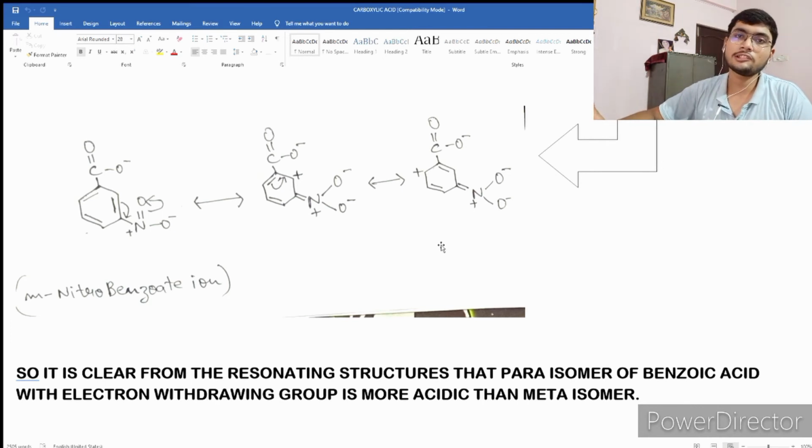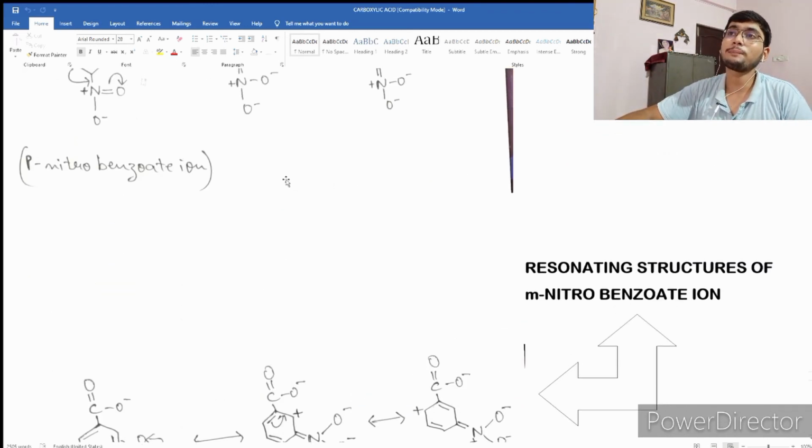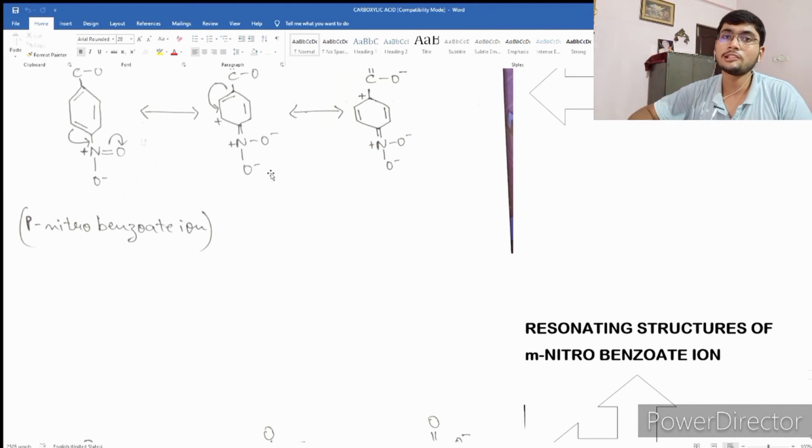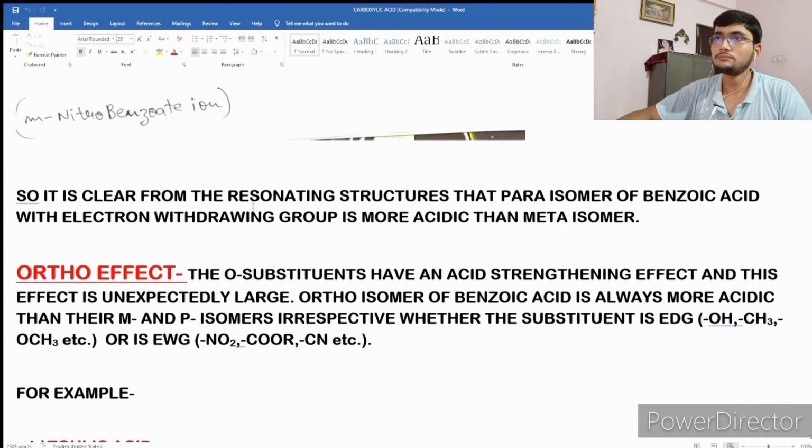So the only effect left is the minus I effect, which stabilizes the conjugate base of the carboxylic acid. But since at the para isomer there are two effects which are stabilizing the conjugate base, the para isomer will be more acidic than the meta isomer.